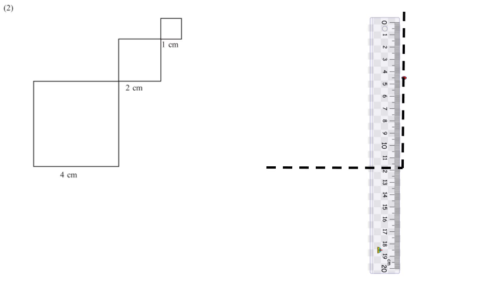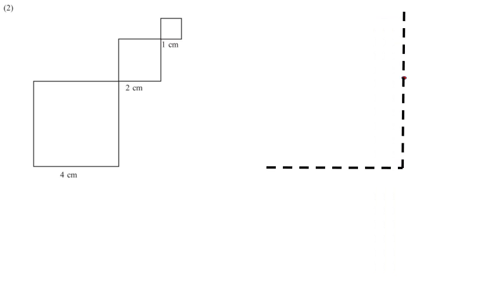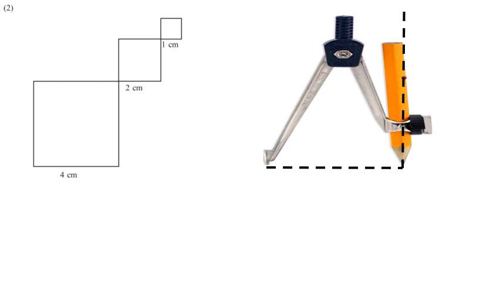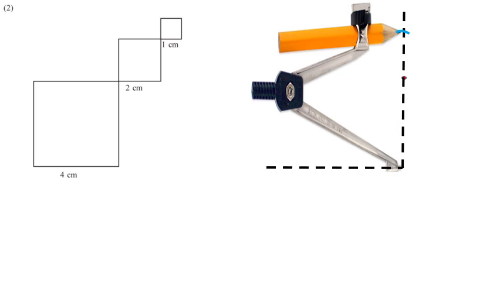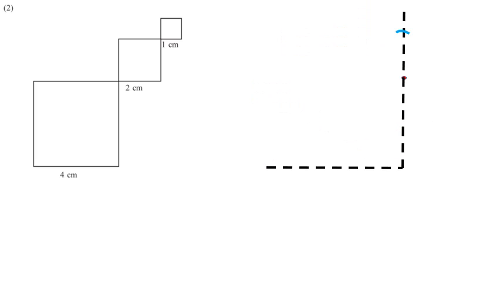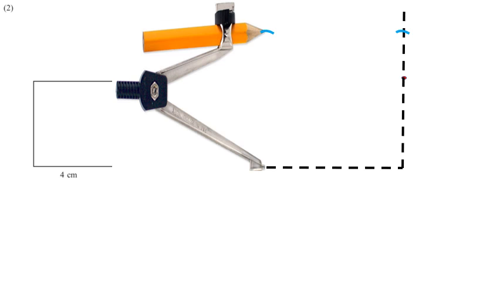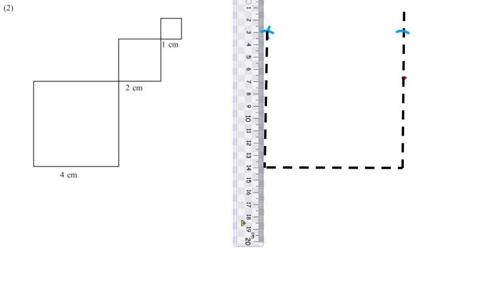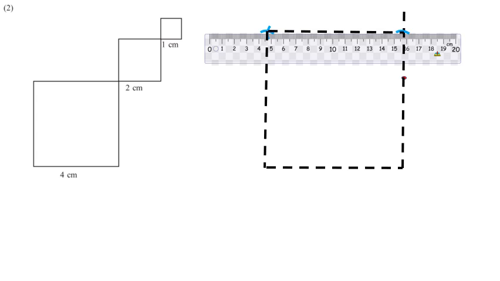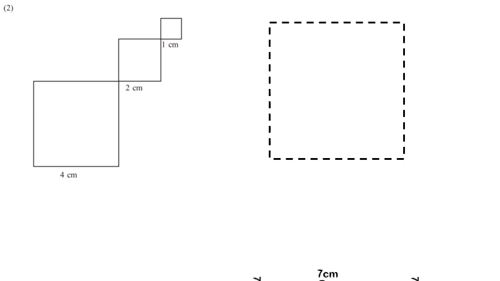We know all sides of a square are equal. So take a compass, adjust it to 7 centimeters and draw one arc from this point. Then repeat the same from the other two ends. Then join the intersecting points. We get a square of side 7 centimeters.